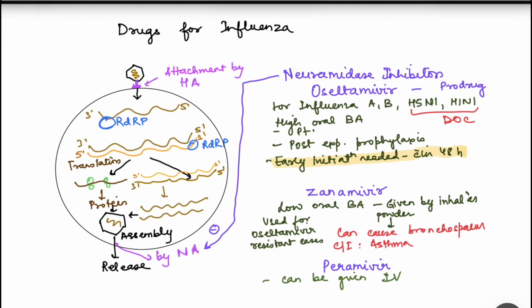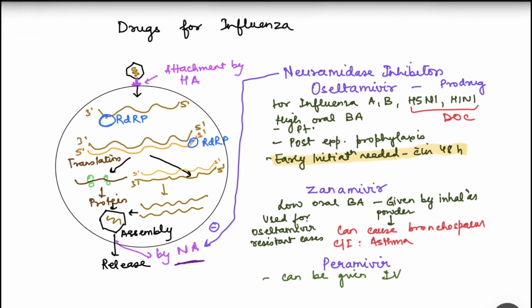Well, the commonly used drugs include the neuraminidase inhibitors. In these drugs we have Oseltamivir, Zanamivir and Peramivir. Among these, Oseltamivir is the most commonly used drug. It is a prodrug, and prodrug means that the drug is going to have high oral bioavailability.